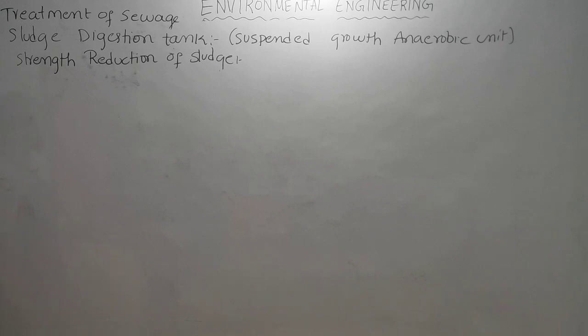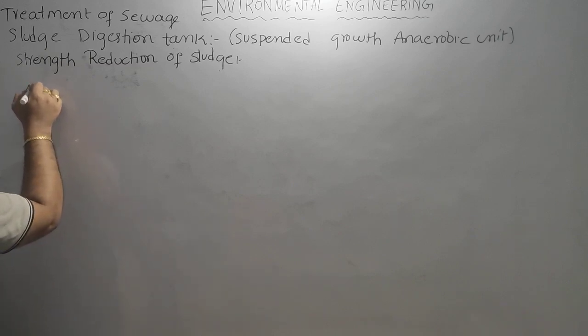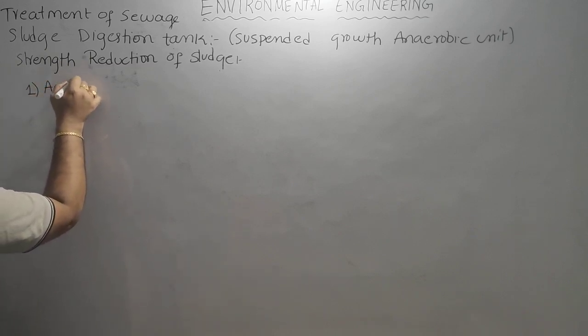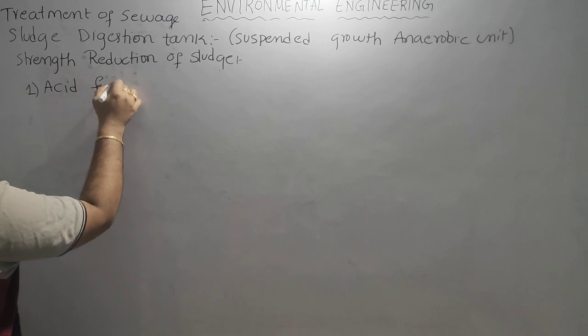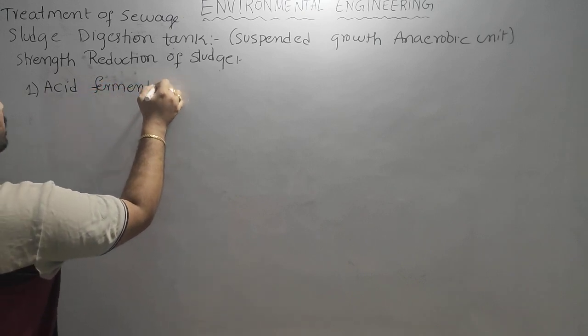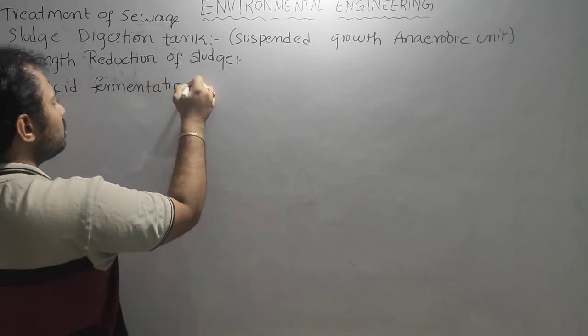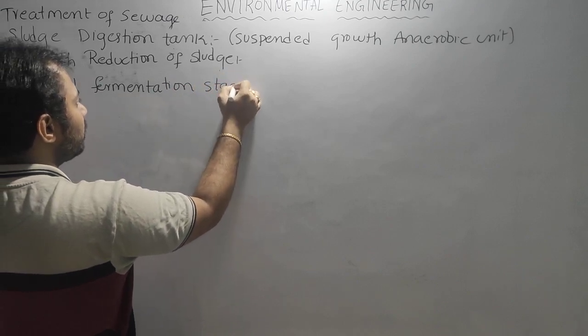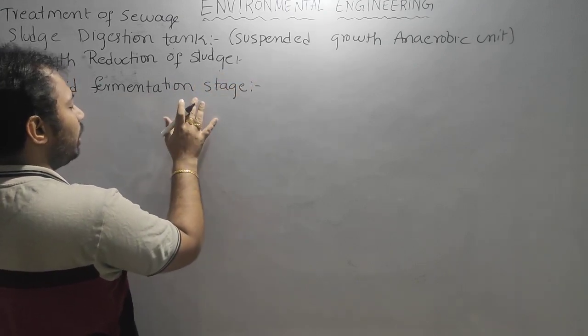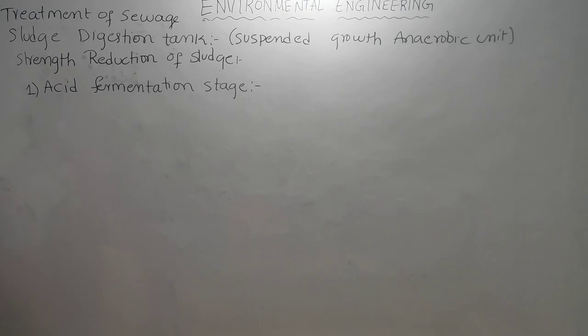The first phase is the acid fermentation stage, where acid formers act on the sludge and form acids and alcohols.